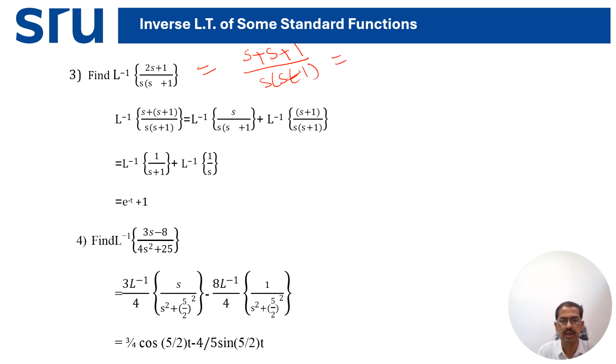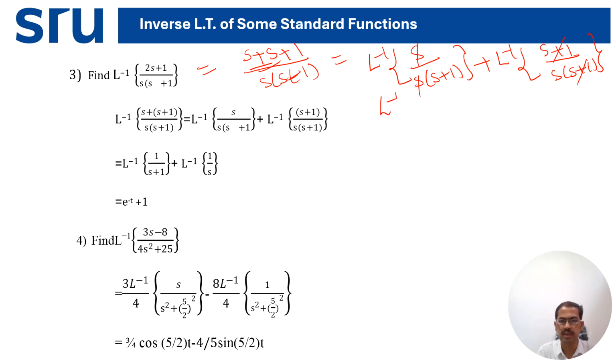Separate the fractions: the inverse Laplace transform of s by s into s plus 1, plus the inverse Laplace transform of s plus 1 by s into s plus 1. In the first, s gets cancelled; in the second, s plus 1 gets cancelled. So then what do you get?